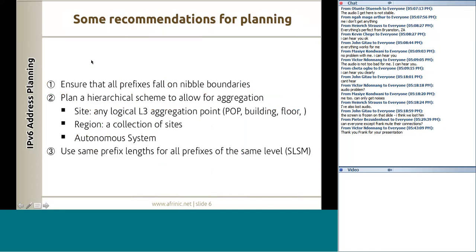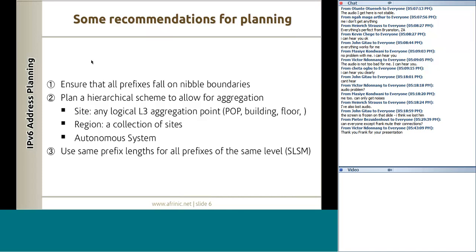Which means that if you go along with the conceptual overview of an ISP network that I showed you, you begin with sites at the lowest aggregation point, and a couple of sites make up a region, and a couple of regions make up your autonomous system number.